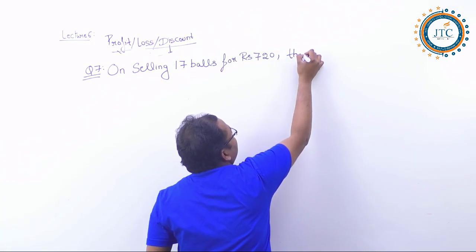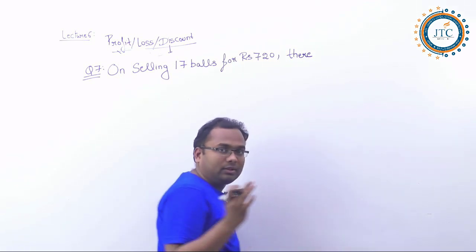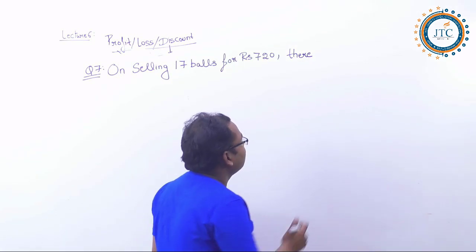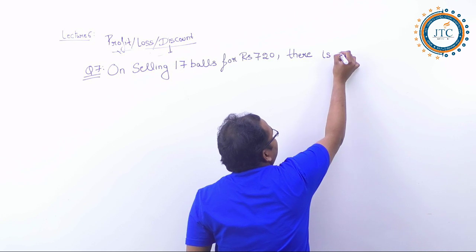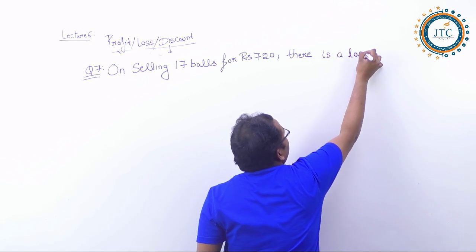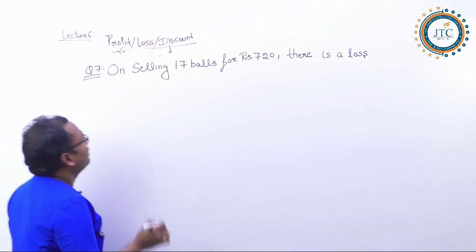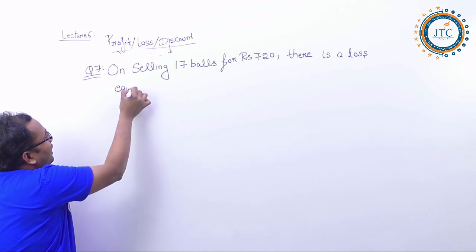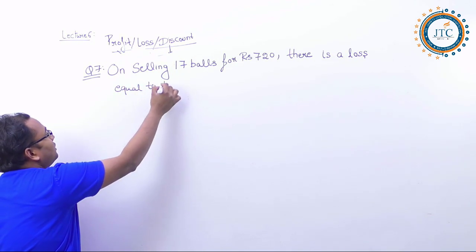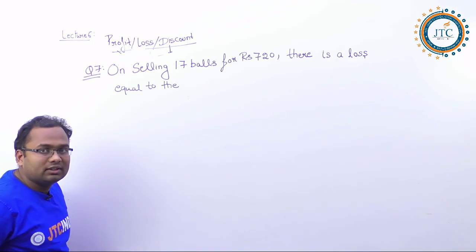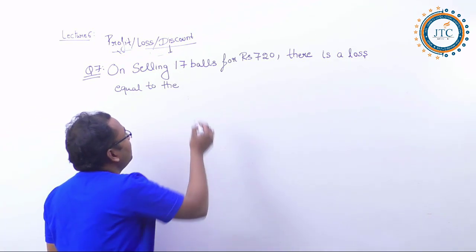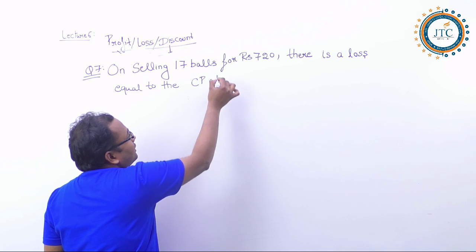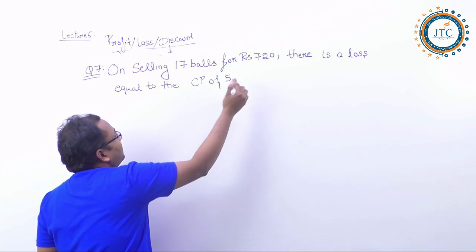There is a loss, as in the previous question there was a profit, and in this question there is a loss. The loss is equal to the cost price of 5 balls.